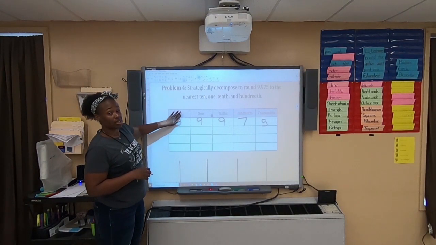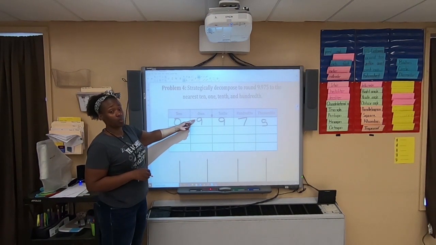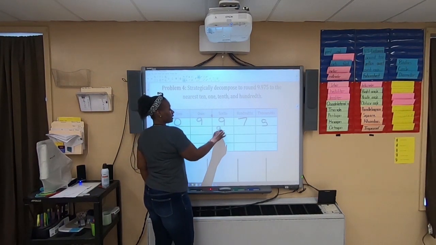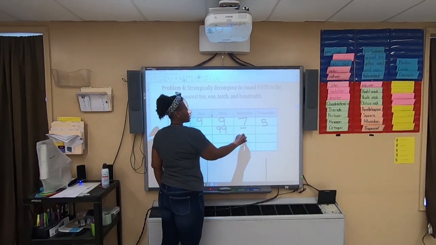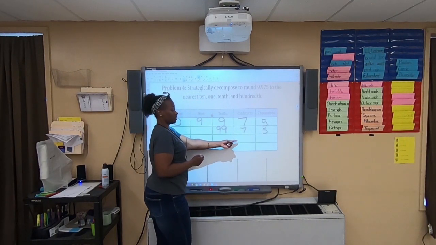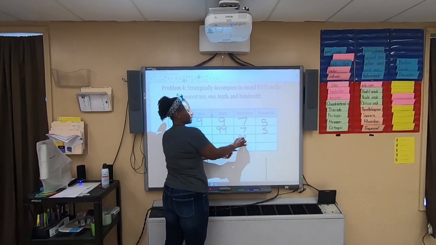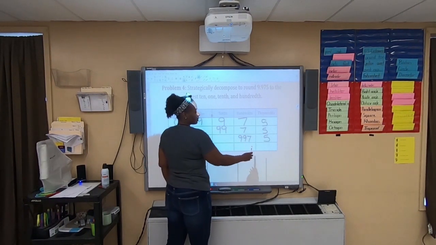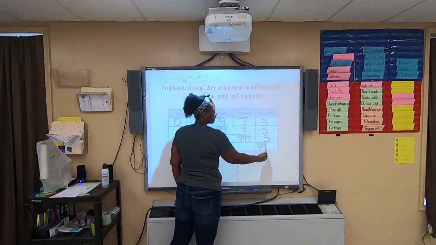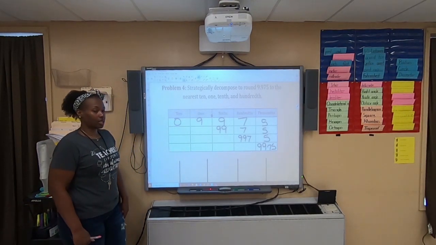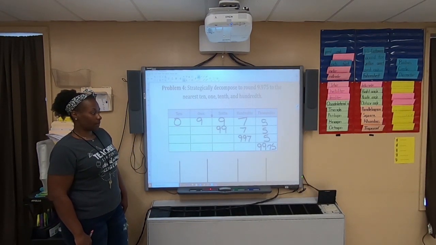Notice if I ignore the 0, basically this starts my ones, so I can go straight to my tenths right here. So I need 99 tenths, 7 hundredths, 5 thousandths. Starting in my hundredths, I need 997 hundredths, 5 thousandths. And then if I do all thousandths, I need 9,975 thousandths. There's my decomposed sentences.